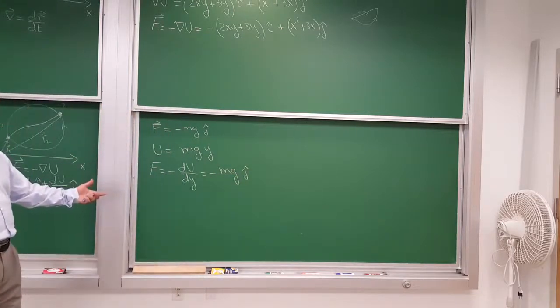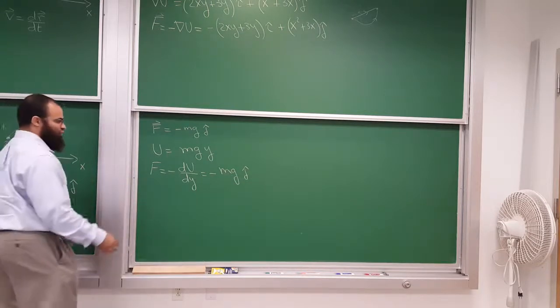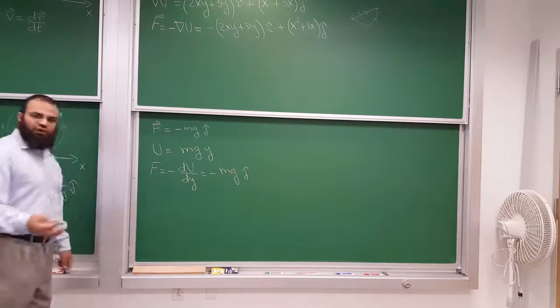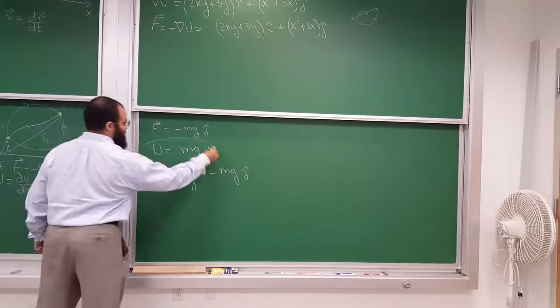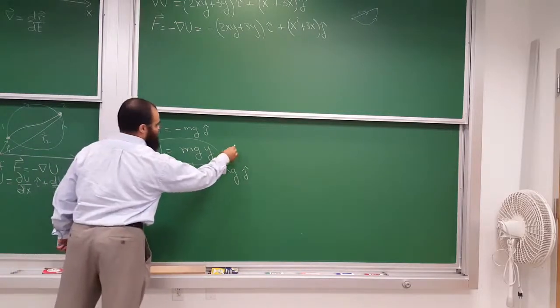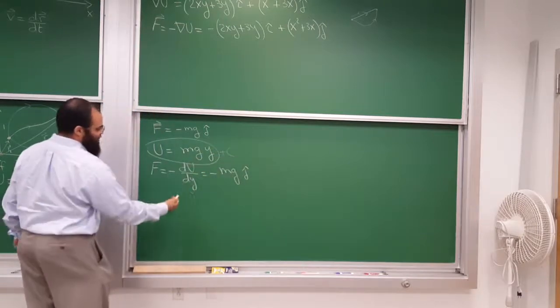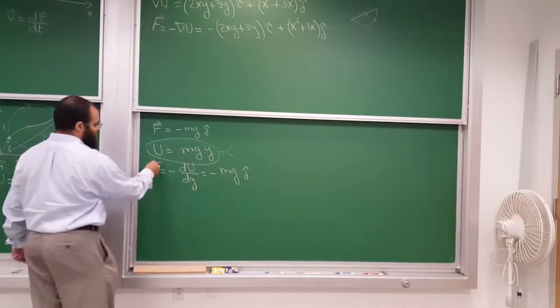So gravitational force is a conservative force. The spring force is also a conservative force. And we call this here the gravitational potential energy. You can add an arbitrary constant to it if you like, because once you take the derivative the constant goes away and you get the force.